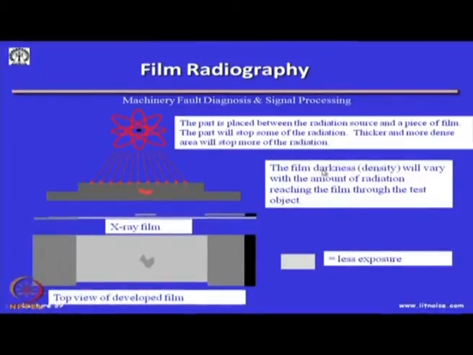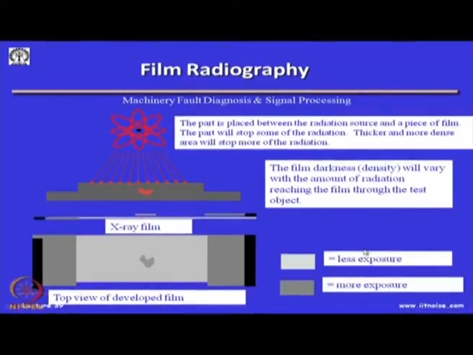So, the film darkness density will vary with the amount of radiation reaching the film through the test object. So, this is less exposure, that is more exposure, the top view of the developed film.